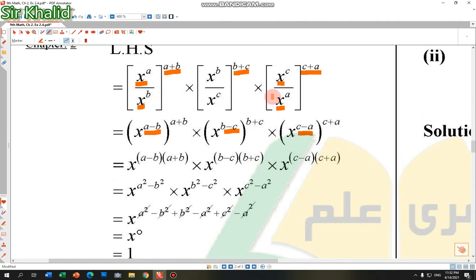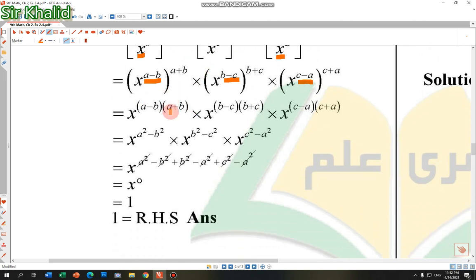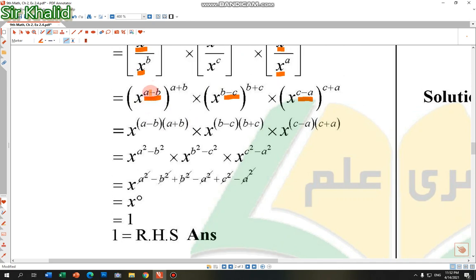So here I am using the law of exponent number 2. Now this exponent will be multiplied by this, again a power mn, these two will be multiplied. Same is the case here, and same is the case here: c minus a into c plus a.